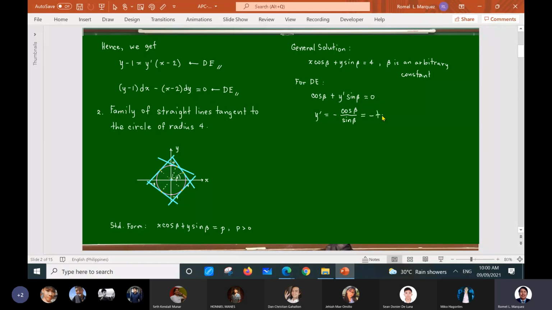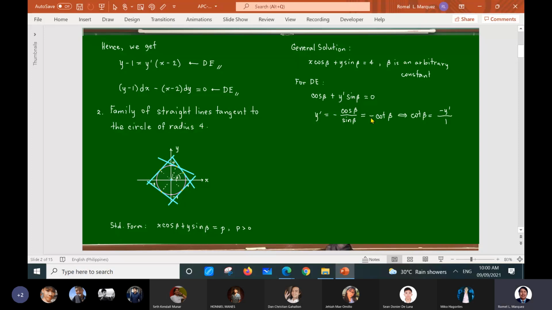Negative tangent beta. Is it negative tangent or cotangent? Cotangent. But how do we define cotangent? A ratio. That is negative y prime over 1.